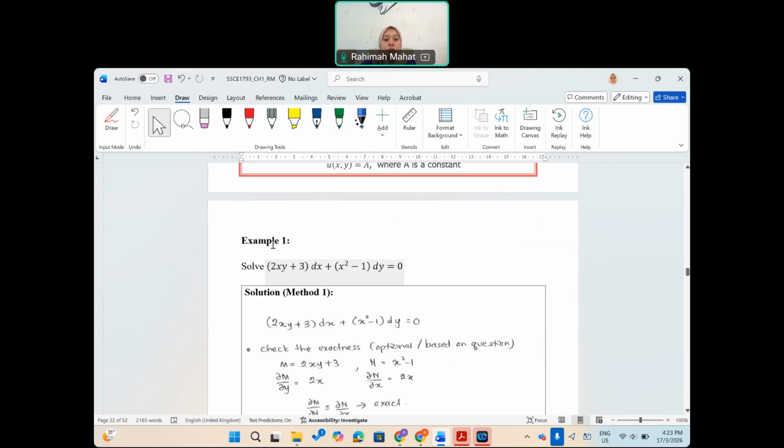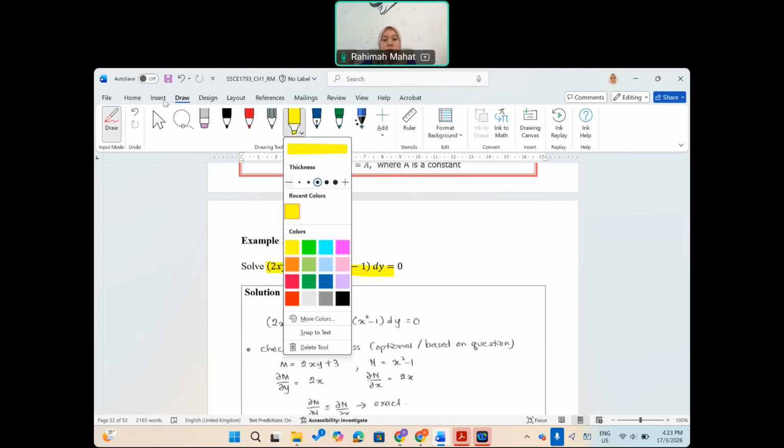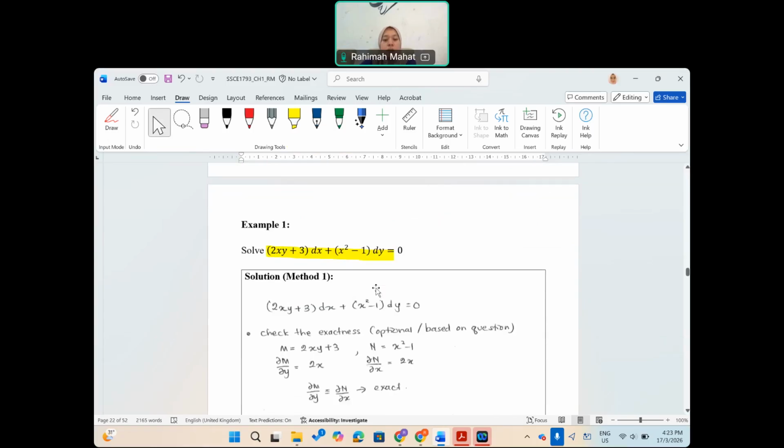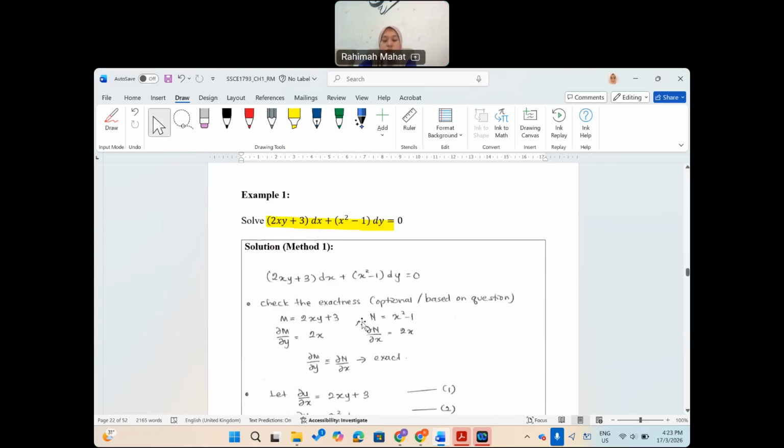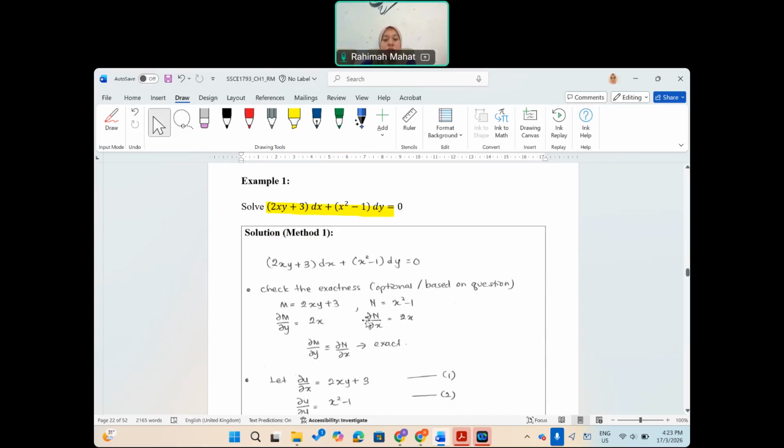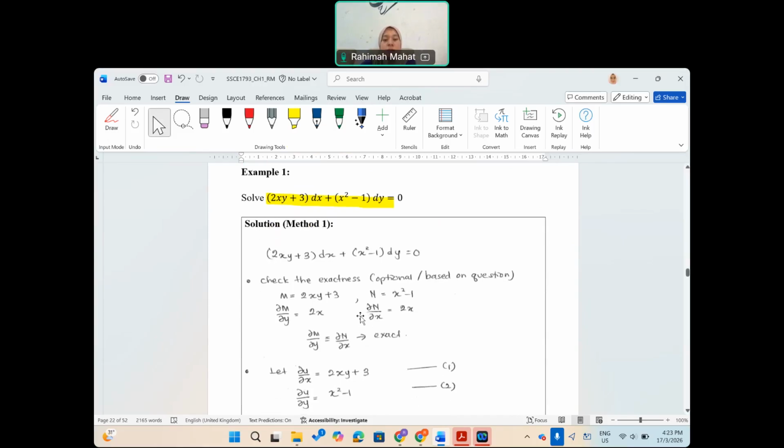Solve (2xy + 3) dx + (x squared minus 1) dy. Okay, the first step is you need to check the exactness.